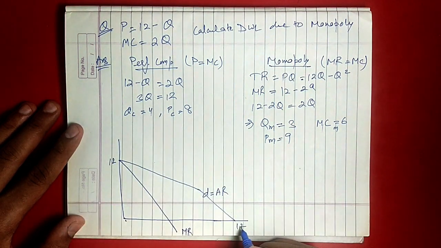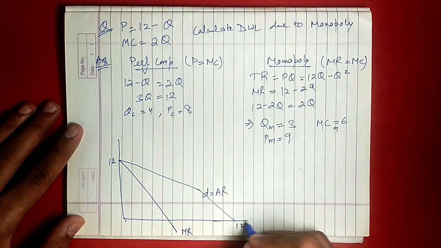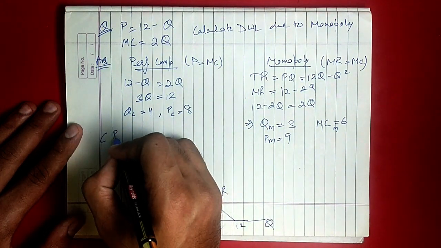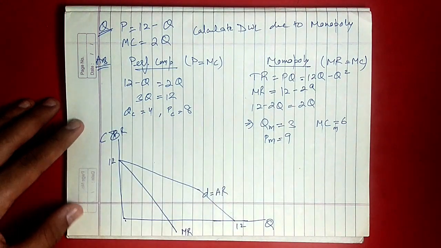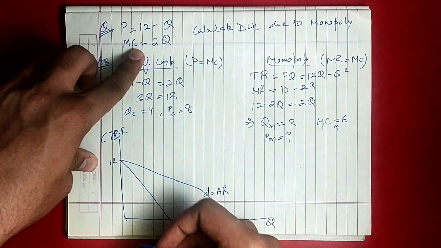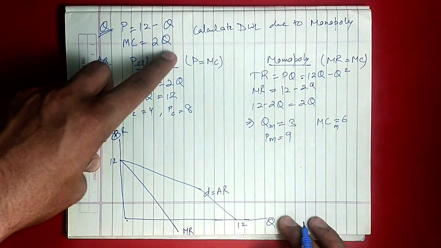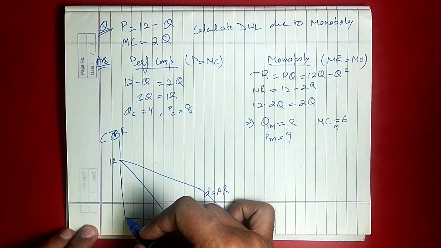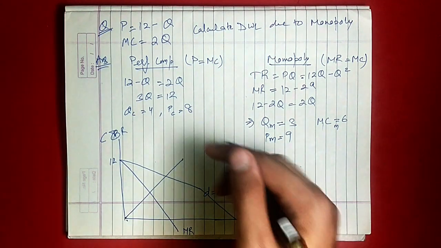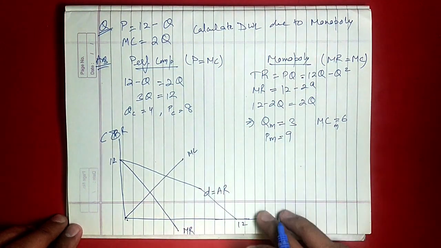This is quantity and this is cost and revenue, right? Now the MC curve is equal to 2Q, so it will pass through the origin and it will be an upward sloping straight line.